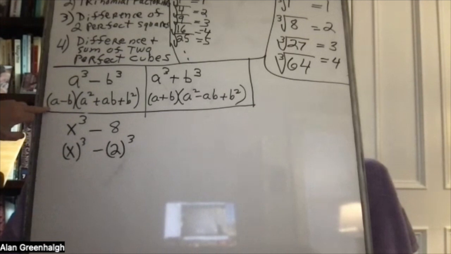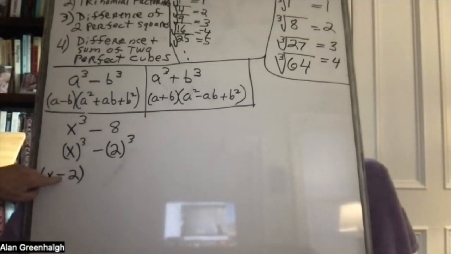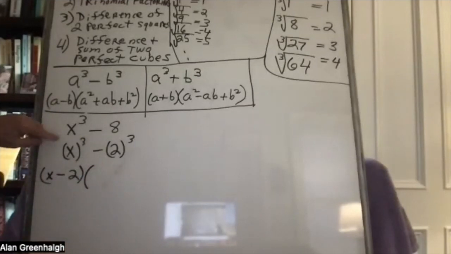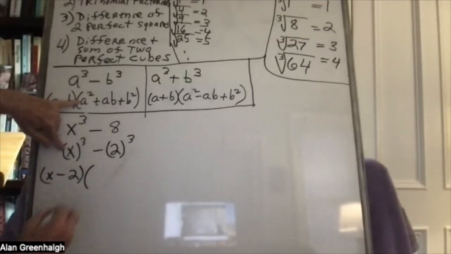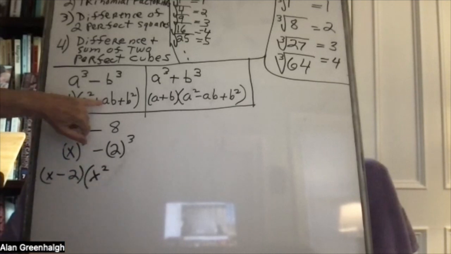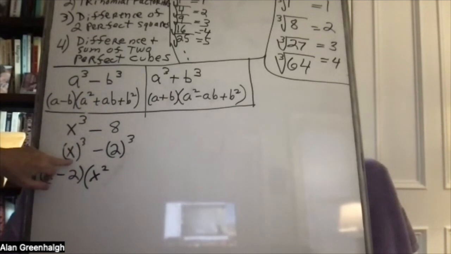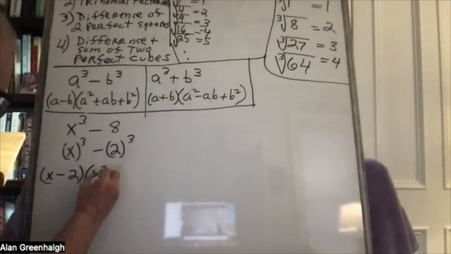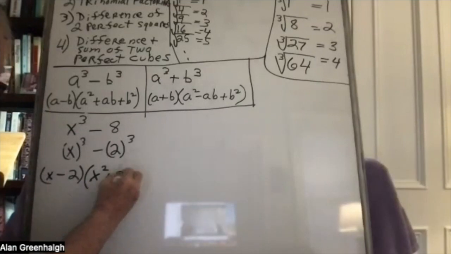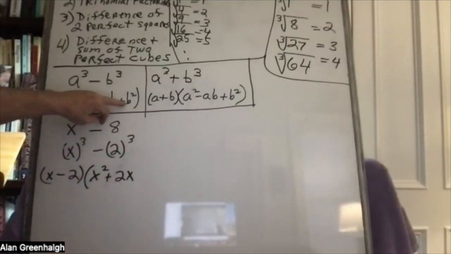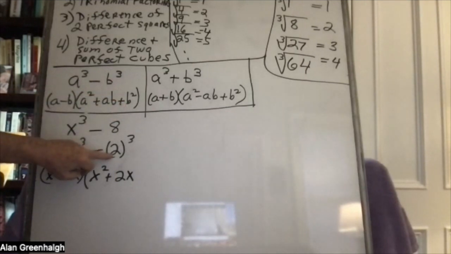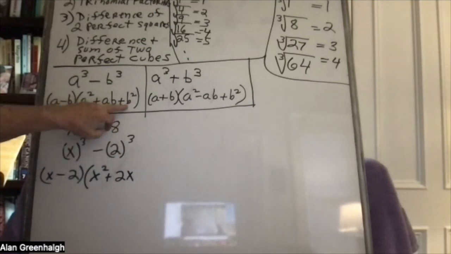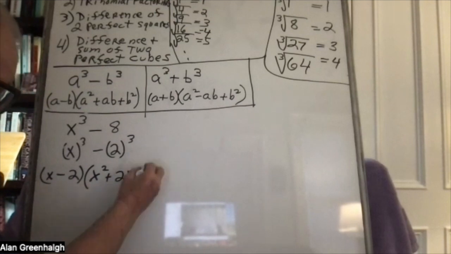Now, using the formula, we start out with x minus 2, because that's minus, and then a squared, so this is x squared, plus ab, well, this is a and this is b, therefore this will be 2x, and then b is equal to 2, and therefore that will be b squared, positive b squared. So this will be positive 4.